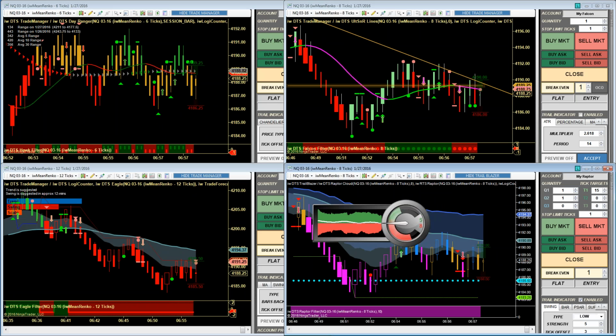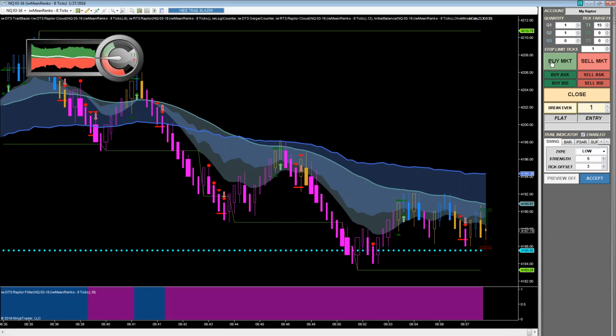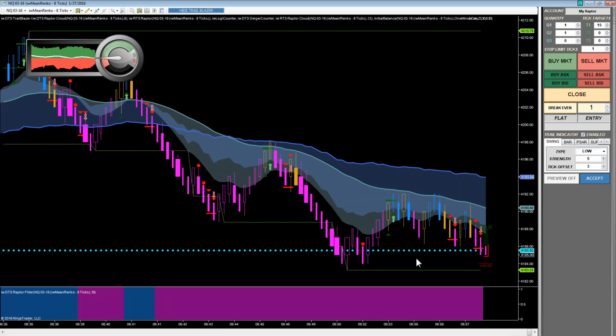But here on the Trailblazer, it's a one-click entry system. You're going to see we don't have the risk manager component down here. So when you're using the Trailblazer, you need to know more or less what your risk exposure will be. Now, what the Trailblazer does have is the one-click entry system. So let's say I was looking to take this sell signal.